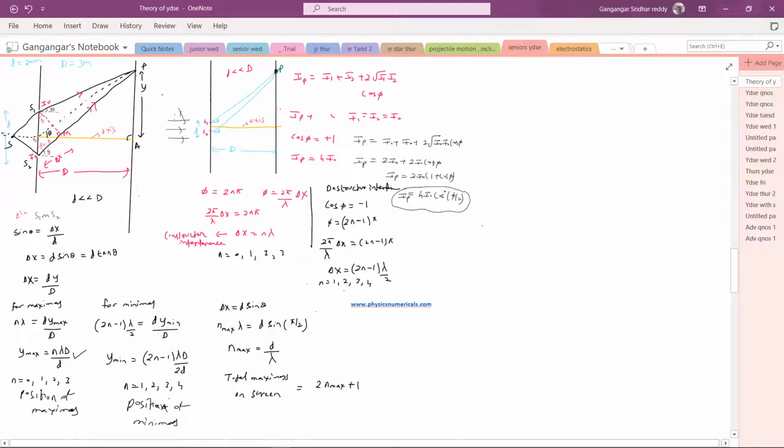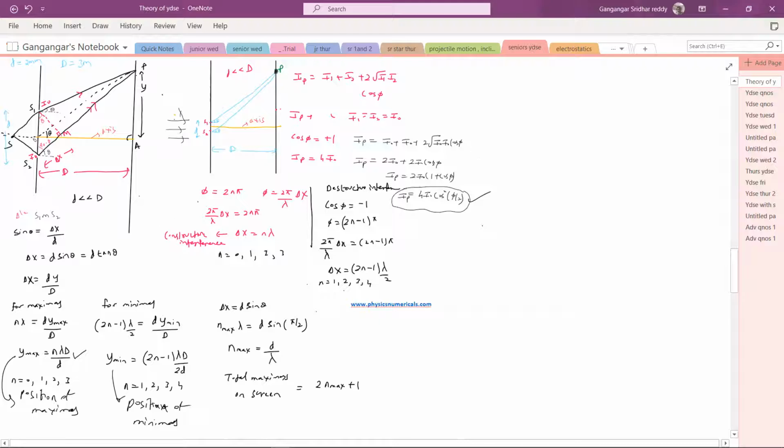Position of minimas are given by this equation. So to locate the position of maxima and minima on the screen, we take help of these equations. This is the overall methodology of the YDSE setup. Next, how to calculate the intensity of any point on a screen? We'll take help of this particular formula.